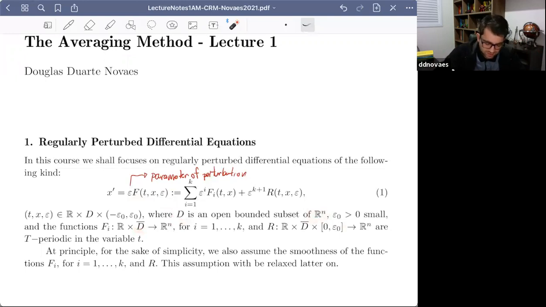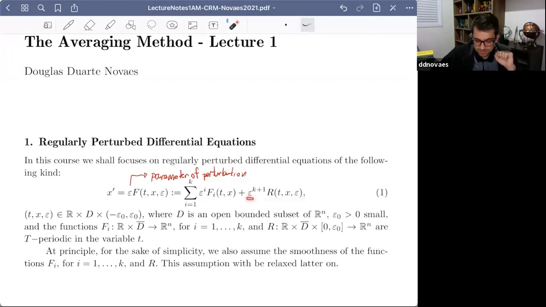So f is a continuous function, at least on R times the closure of D times (minus epsilon 0, epsilon 0). It is usual to have this function f given as a power series of epsilon up to some order k. In this case, f_i is the coefficient in this power series of epsilon to the power i, and R is just the remainder of high order terms of epsilon.